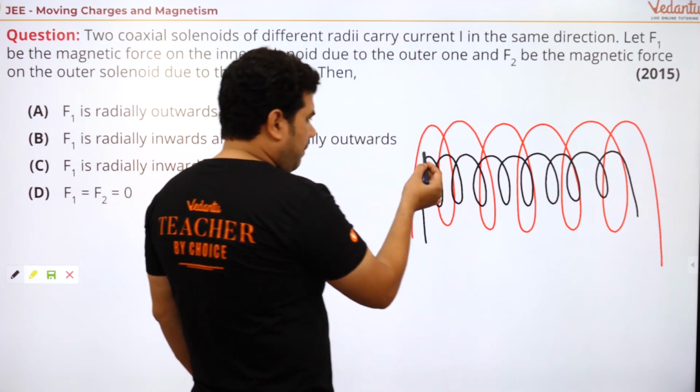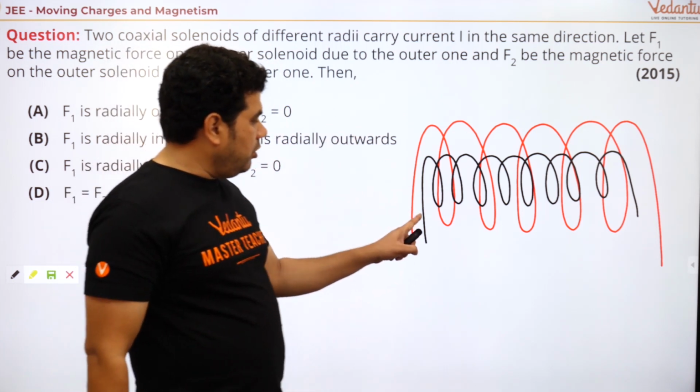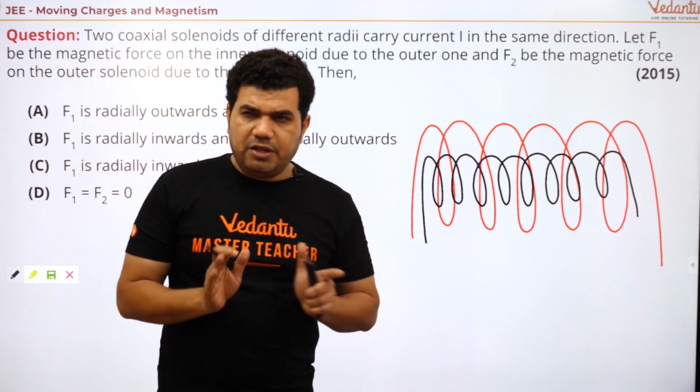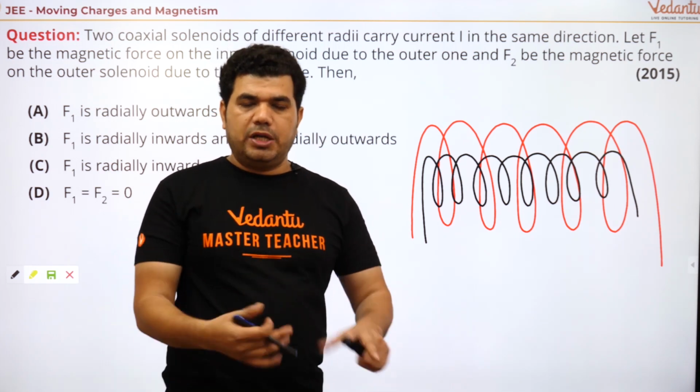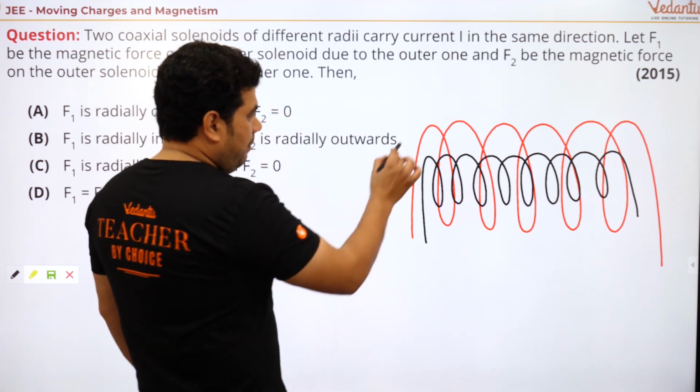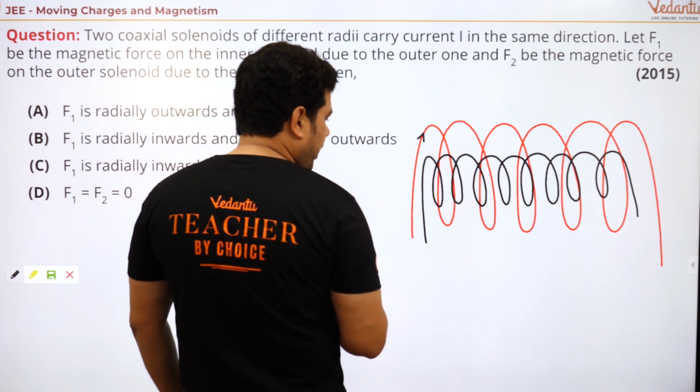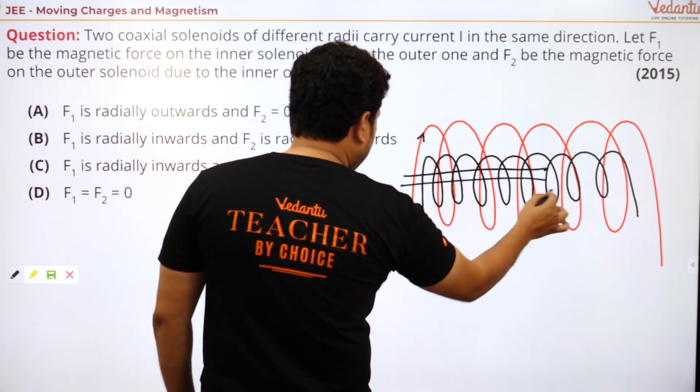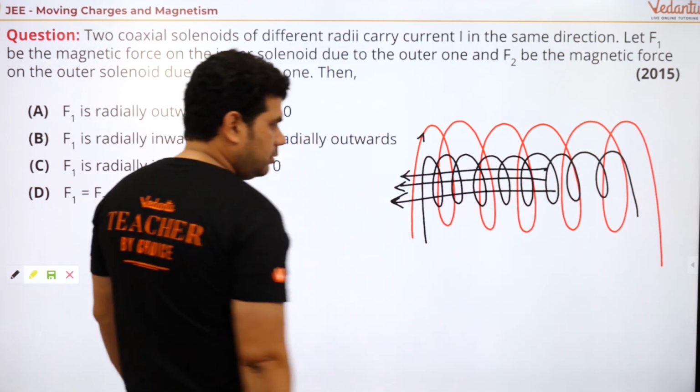So you know the magnetic field due to this solenoid on this is very, very small or almost zero, so there is no force. But the magnetic field due to this solenoid is in axial direction, right?